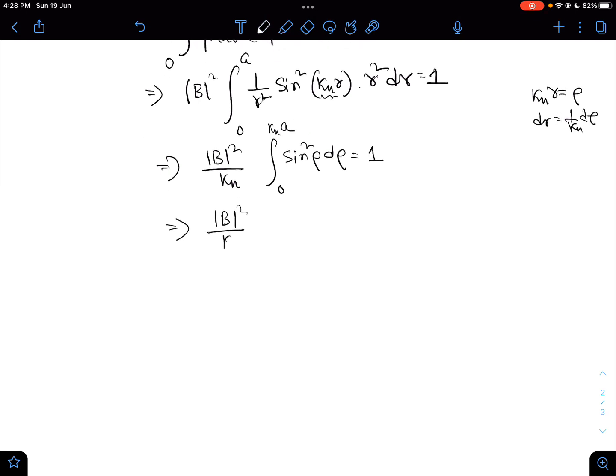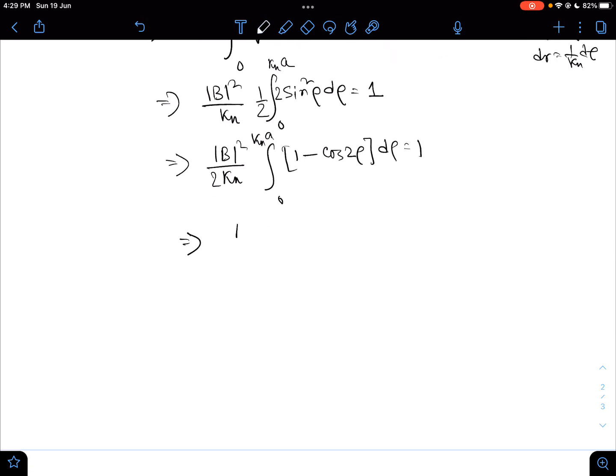If we carry out the integral, we can write sine squared theta as half into 2 sine squared theta, with limits from 0 to kna. Now 2 sine squared theta is 1 minus cosine of 2 theta. So we will get b squared by 2kn, and here we will have rho minus, in the second term, sine 2 rho by 2, with limits from 0 to kna.